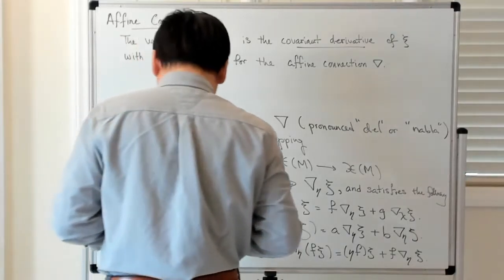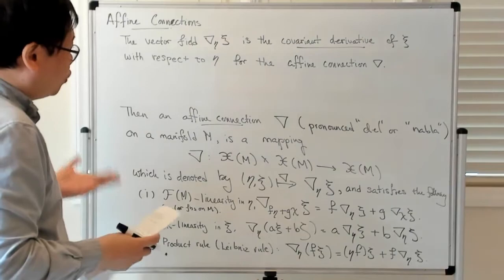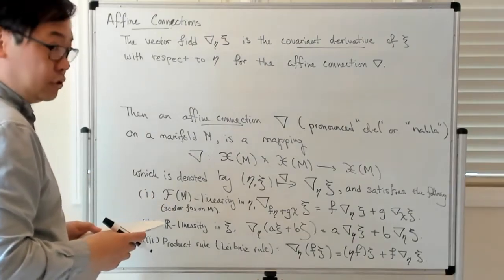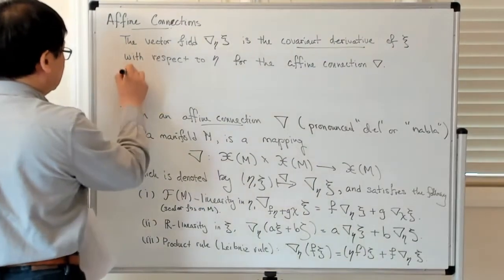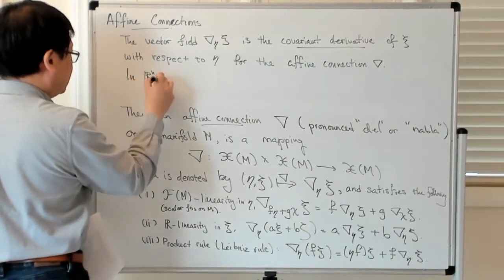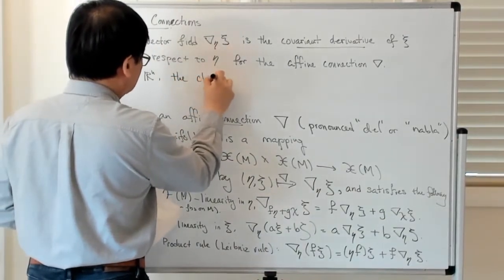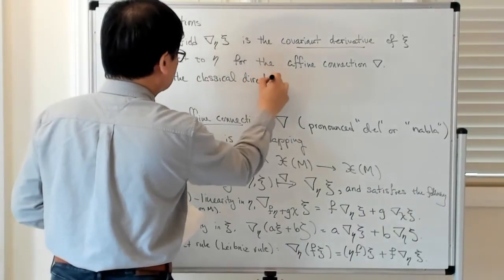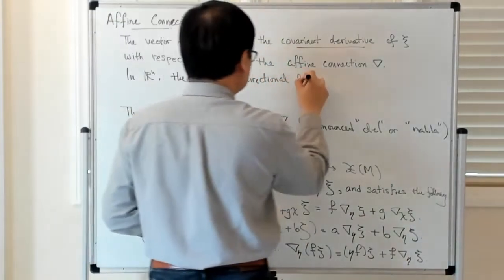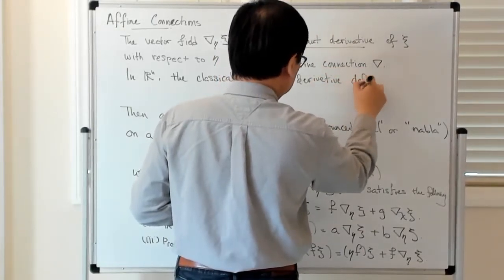Okay, all right. So let's see how this comports with the usual notion of a directional derivative in R^n. In R^n, the classical directional derivative defines an affine connection.